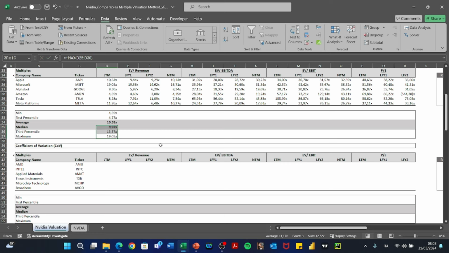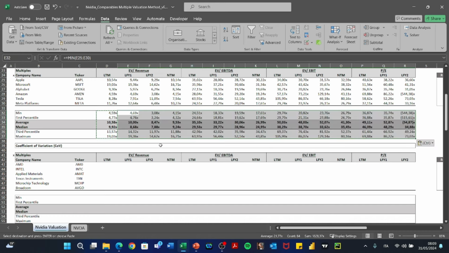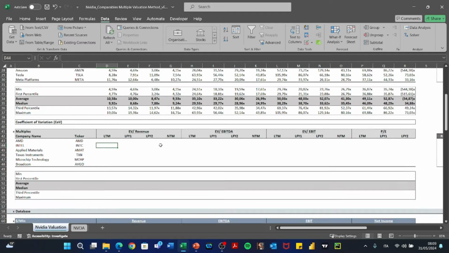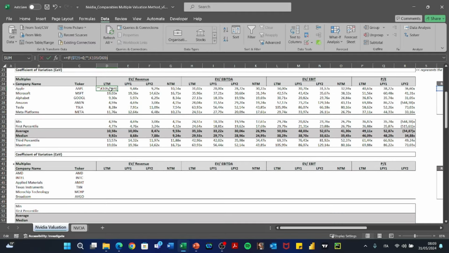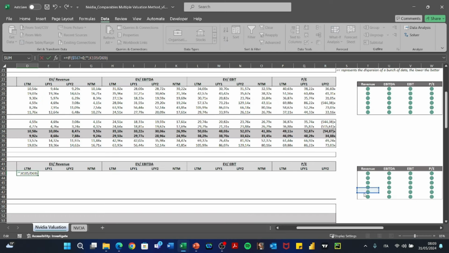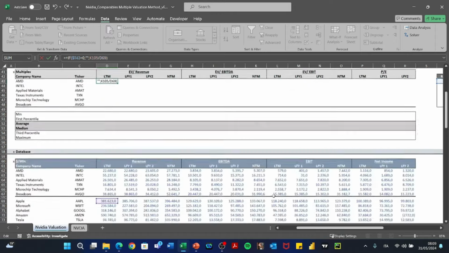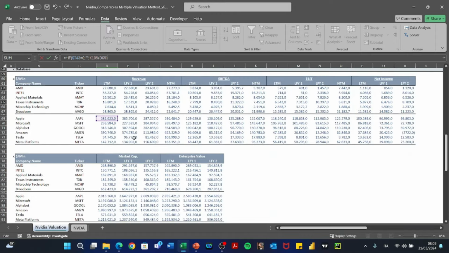Let's now grab all of the values here. Left. Okay, perfect. Let's now do the same with the second panel, which is AMD.